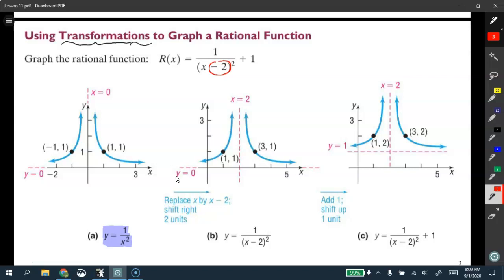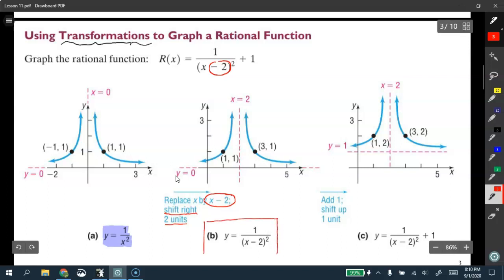And so that's the next thing that I do. I replace the x with the x minus 2. And if you recall from our study of transformations, what that means is you are shifting to the right by 2 units. So in other words, in B, in this graph, what you'll basically see is it's the same graph as A, but it's been shifted towards the right.